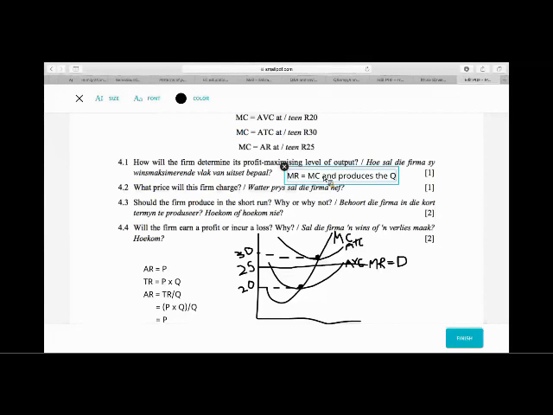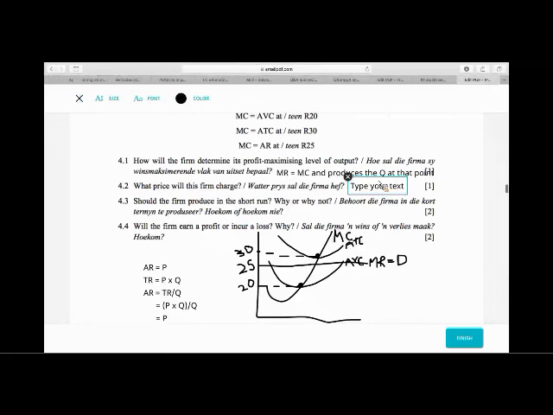Okay, so MR equals MC defines the profit maximizing level of output. What price will this firm charge? So this is a perfectly competitive firm, which means it has no influence over price. It is a price taker. So whatever the price is that the market has set for it, that's the price it will charge. So this firm will charge 25 Rand.